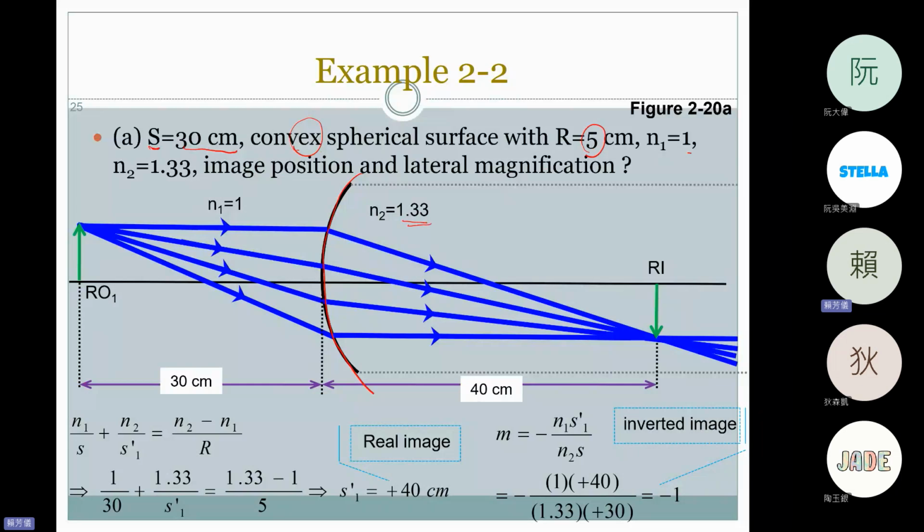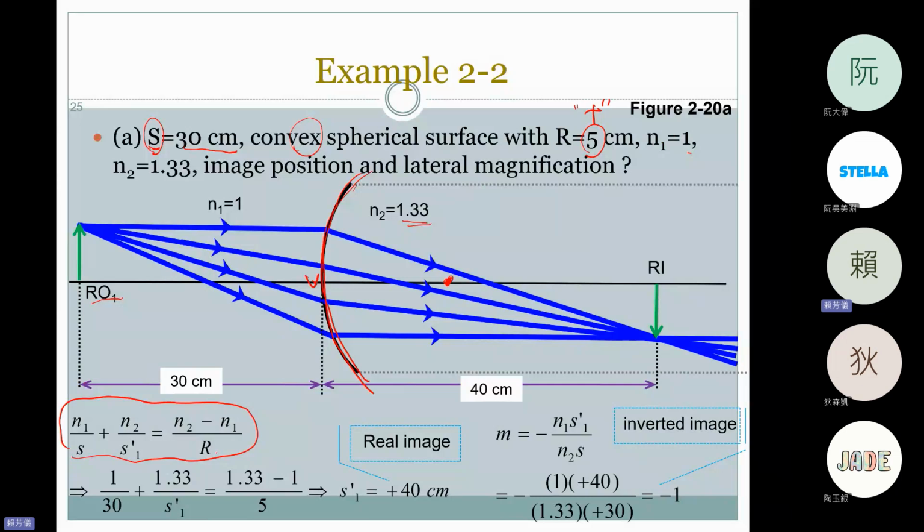So here we can use the equation to find where the image is. We want to make sure that s is positive, because this is a real object. Is R positive or negative? The curvature is like this, a convex curvature, and the center of the curvature is on the right side of the vertex, so R is positive.